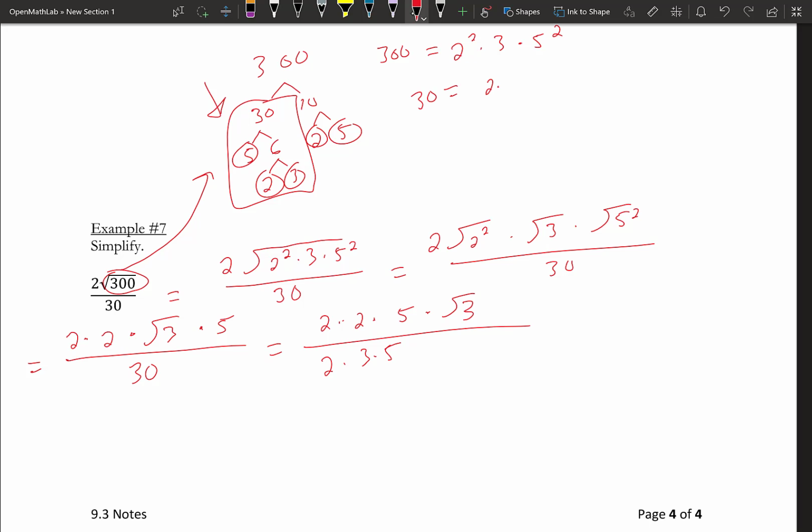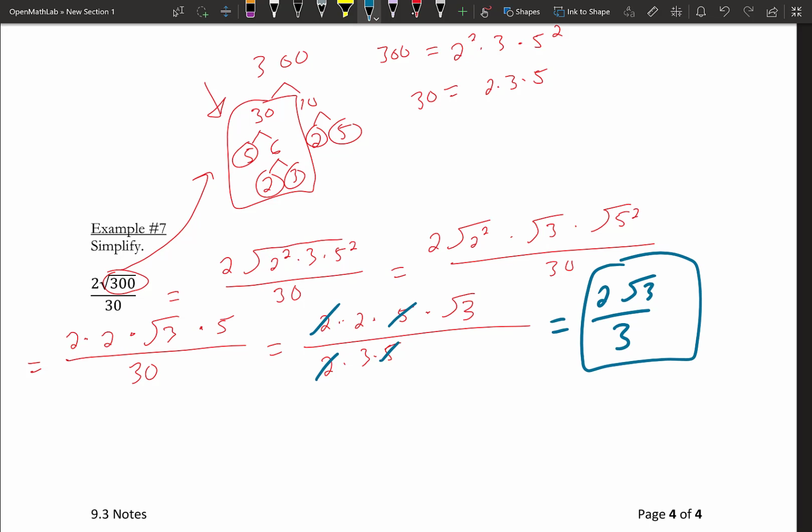That's the prime factorization of 30. So now we can just cancel out like factors since everything's multiplied in the top and bottom. So what we're left with is 2 times radical 3 all over 3. So that would be the simplified version.